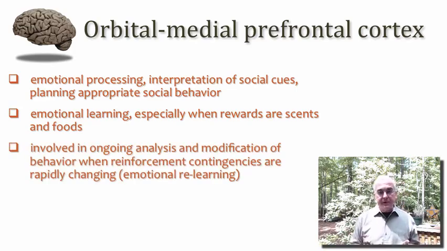But it's much more than that. The orbital and medial prefrontal cortex is involved in the ongoing analysis and modification of behaviors, especially when the reinforcement contingencies are rapidly changing. We consider this a form of emotional relearning.